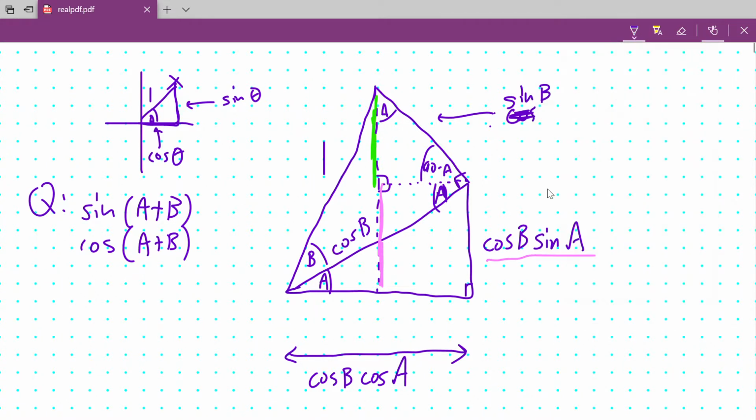And basically, since this triangle is similar to this one, we notice that the hypotenuse is sine B instead of 1. So that means this side has to be sine A sine B here.